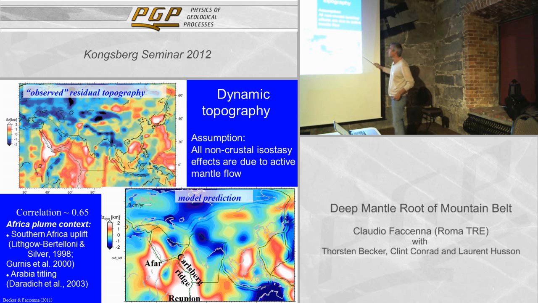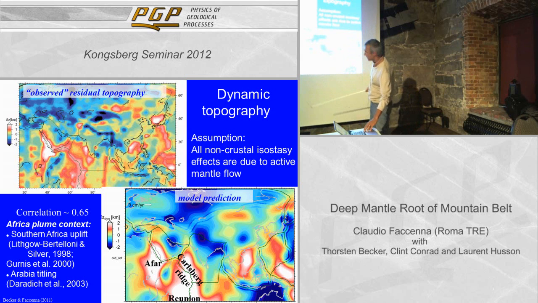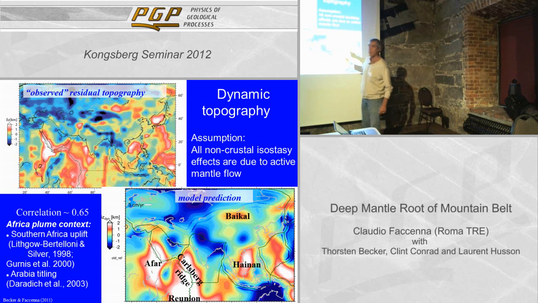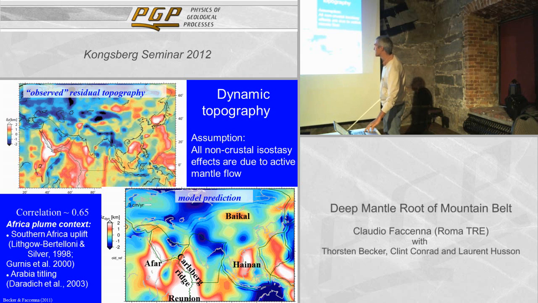You also find a very good correspondence with the Iran plume, with Mongolia again, and also some depression that you expect over the subduction zone. So it's not too bad, although the correlation is low, and it's basically due to the fact that we cannot really correctly match the surface topography over cratons, and this is a long-standing debate, actually.